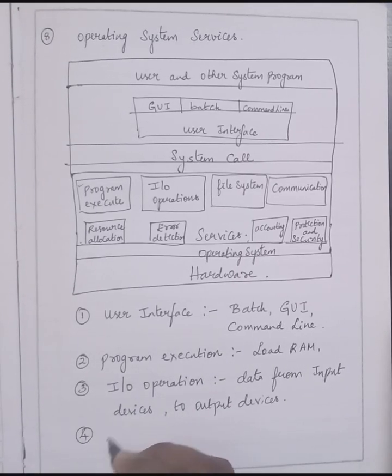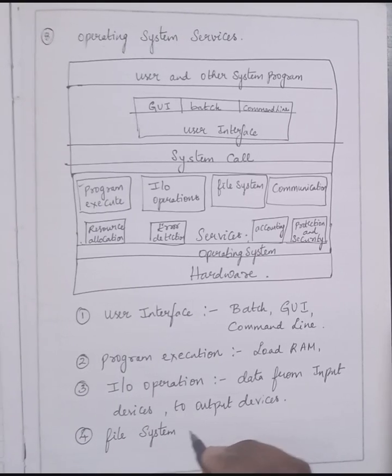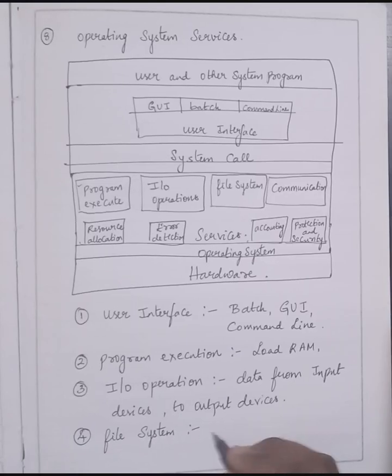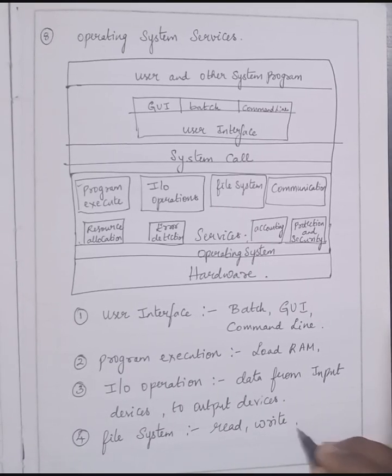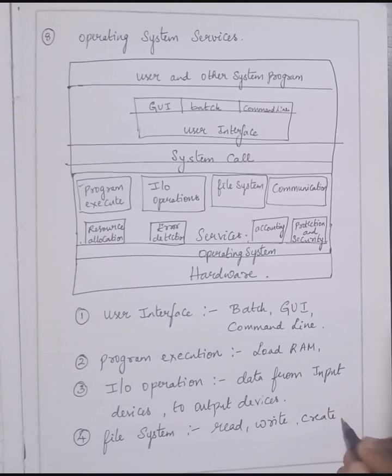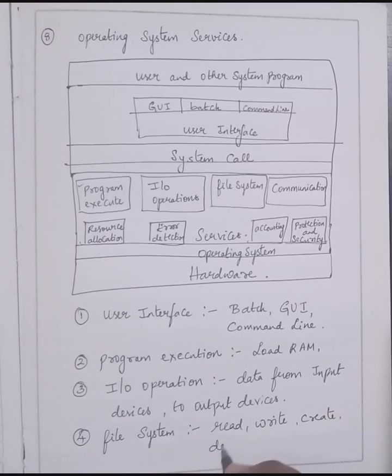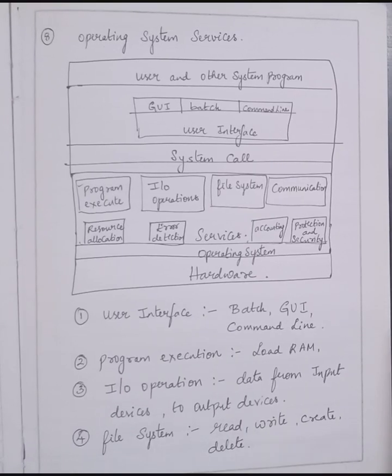Then comes file system management, which we already learned. The file system allows us to read a file, write into a file, create a file, and delete a file. All these options are provided by the operating system itself.